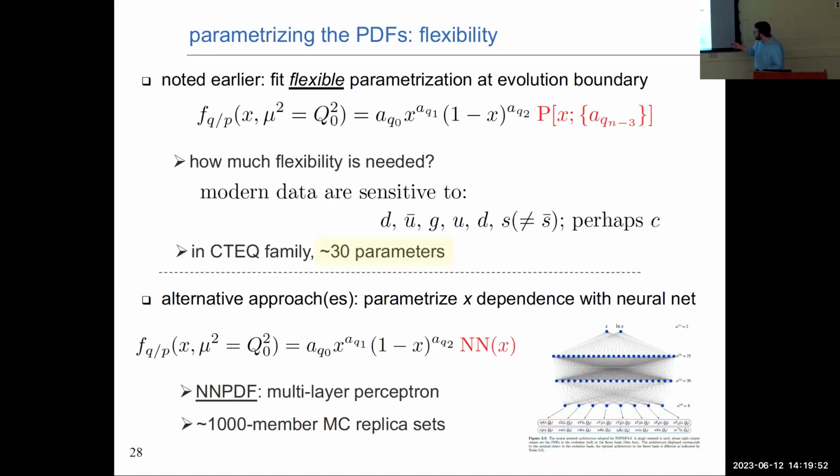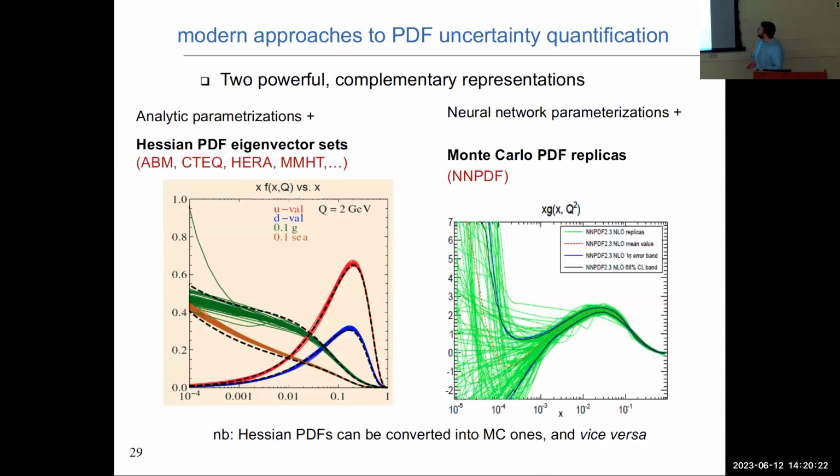Our colleagues inside the neural network PDF group, NNPDF, do something similar up to this prefactor, but then ultimately fit just a neural network as the parameterization for the PDFs. That approach represents the opposing end of the spectrum, in the sense that you don't have this explicit parameterization and you in principle have a form that is more directly data driven, which is a very intriguing and very important approach as well.